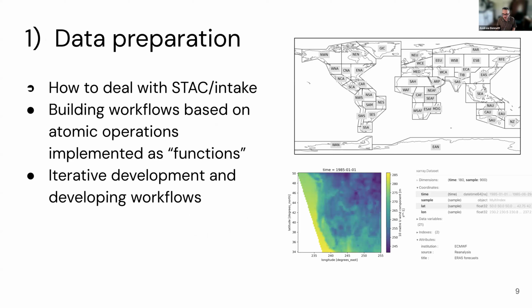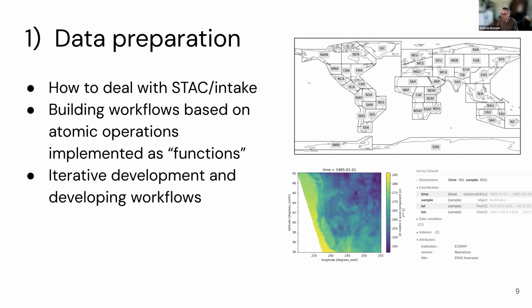So just to jump through what this looks like, and if we have time, I could show the actual notebooks, but I didn't want to just shift-enter through a bunch of stuff. So the data preparation notebook really deals with how to deal with STAC catalogs and intake. How do you use fsspec and understand how to access cloud-based datasets?